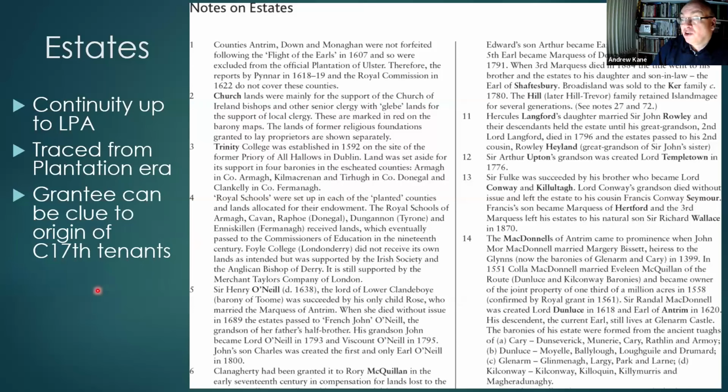But it's interesting because not only were English and Scots estate owners granted land under the plantation, but other Irish landowners were granted estates in areas apart from where they had traditionally lived. And that could be a clue that your ancestors had maybe moved with them from their ancestral estates to their new estate. It's interesting always to look at that. And again, always look at the name for searching for deeds.